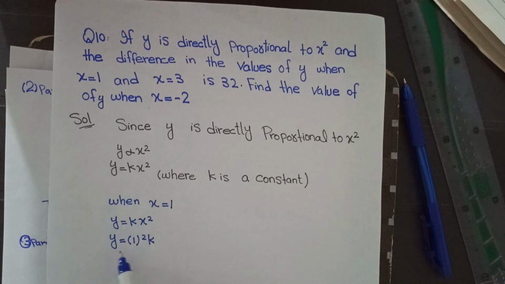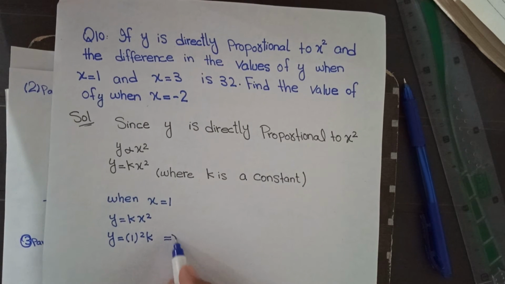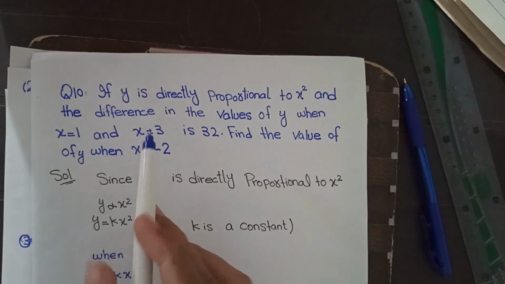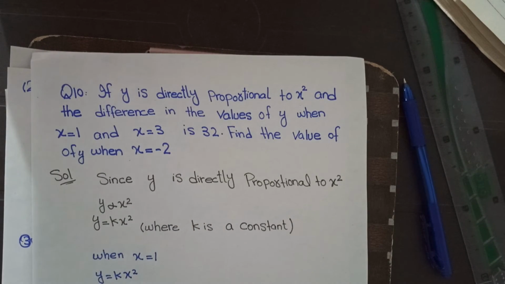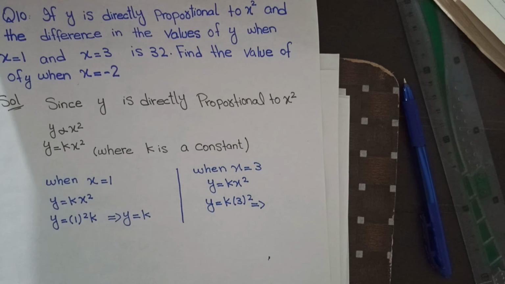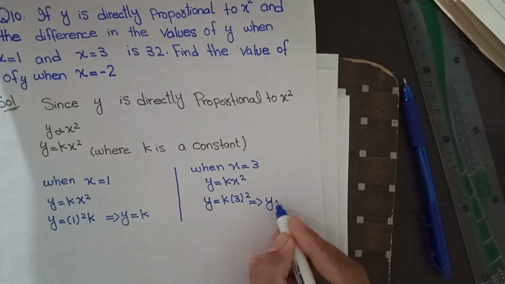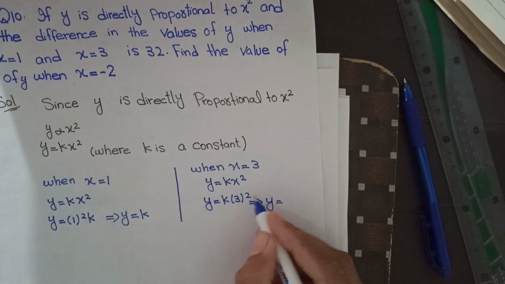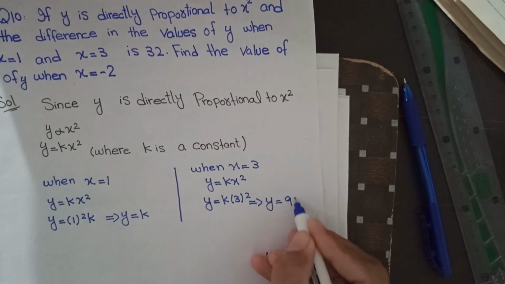It will be y is equal to k times 1 square, so y is equal to k. When we put the value of x is equal to 3, y is equal to k times 3 square, y is equal to 9k.